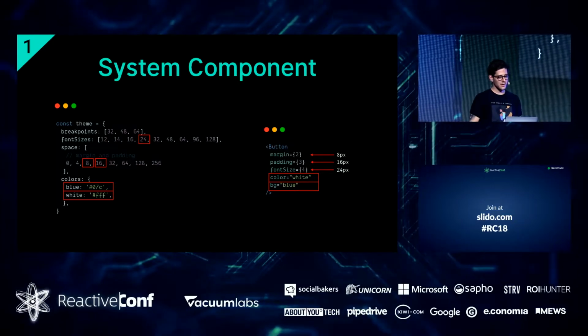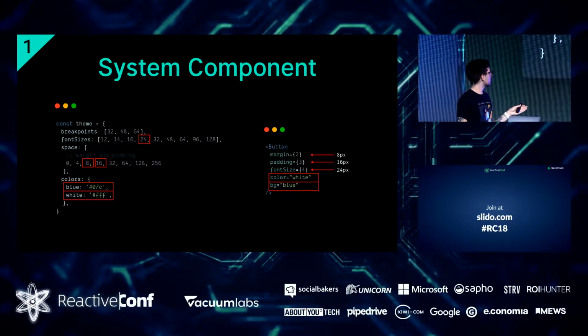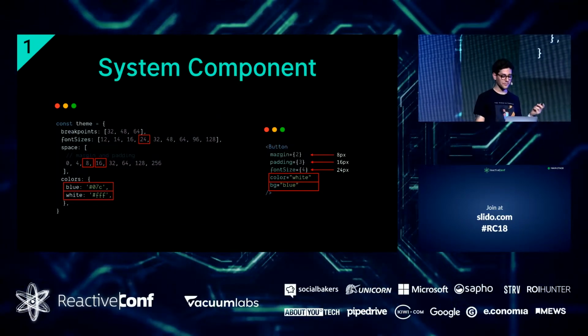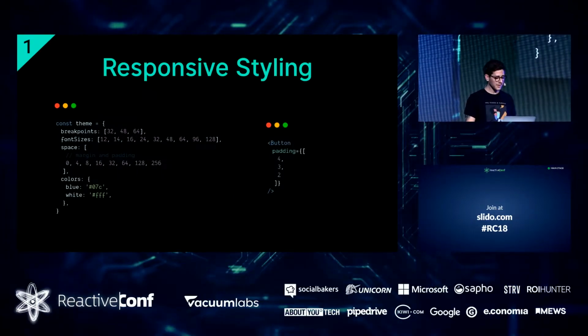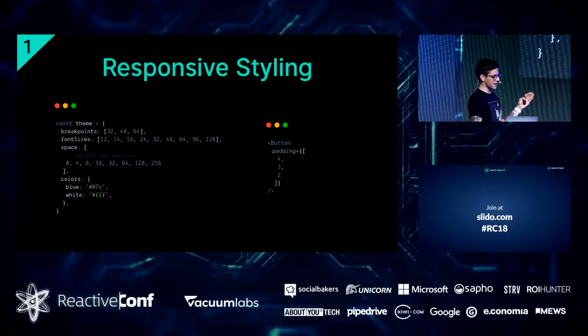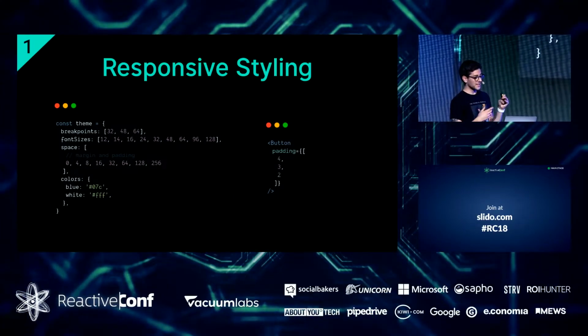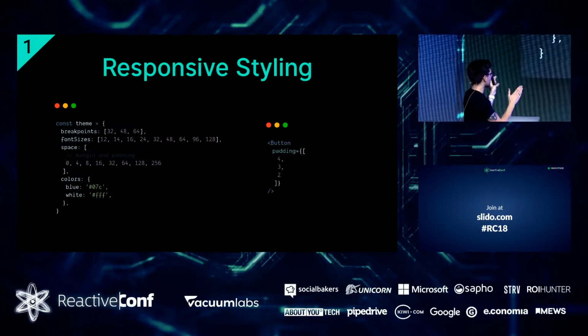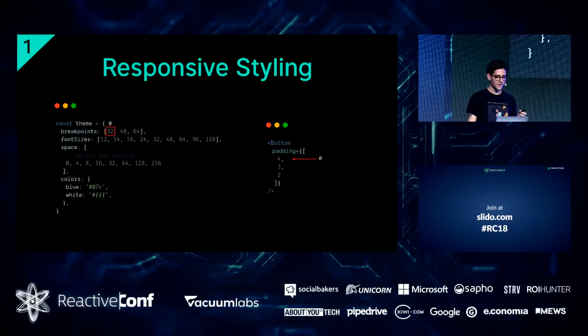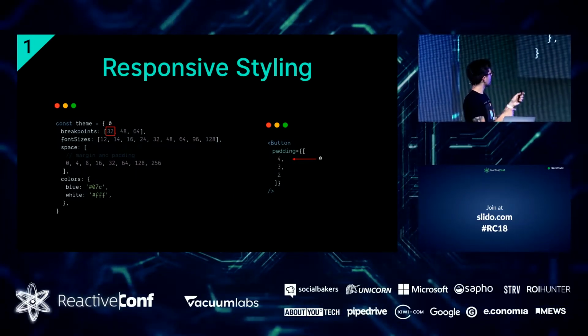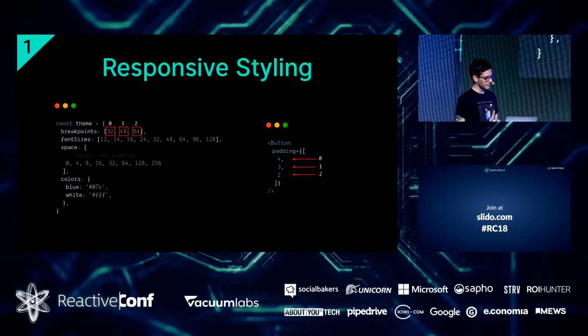So for now that's fine, but what about responsive styling again? It turns out that it can be done by passing an array instead of a single value, where again the index represents the same index in this breakpoints array. So this 4 actually relates to the smallest breakpoint, and so on.